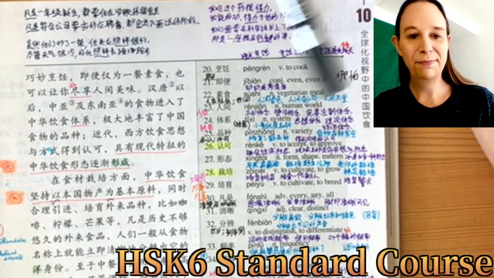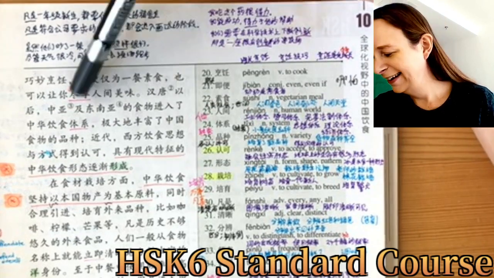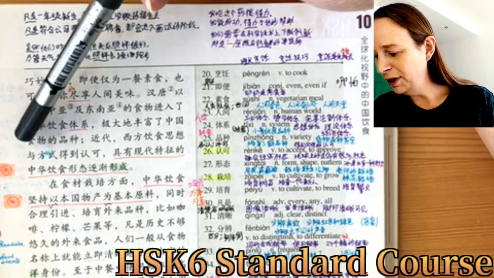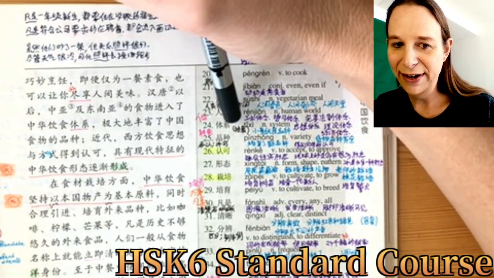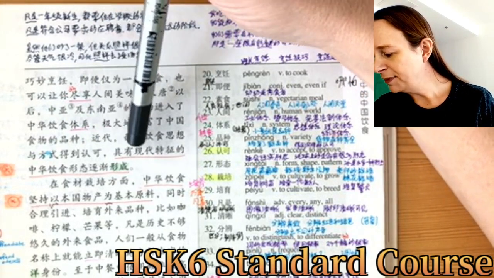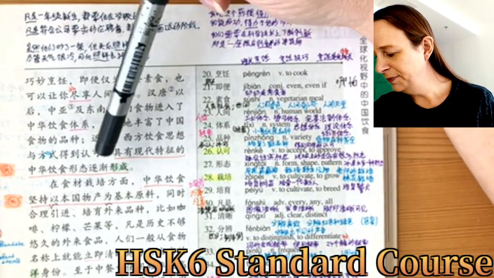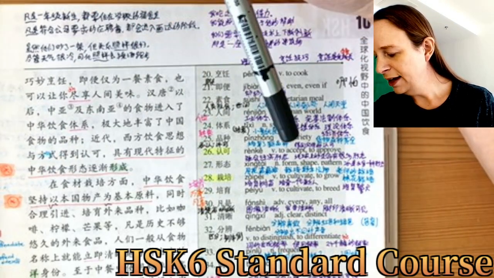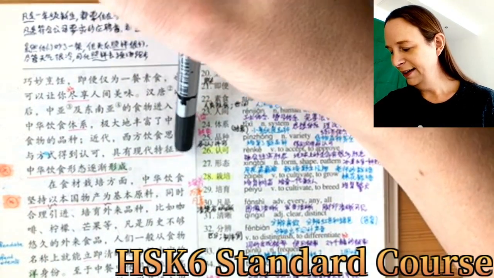The foods from these places have entered the culinary systems of China. 极大地丰富了中国食物的品种。So to a great degree enriched the varieties of Chinese food. 近代西方饮食思想与方式得到认可。具有现代特征的中华饮食形态逐渐形成。Modern characteristics.